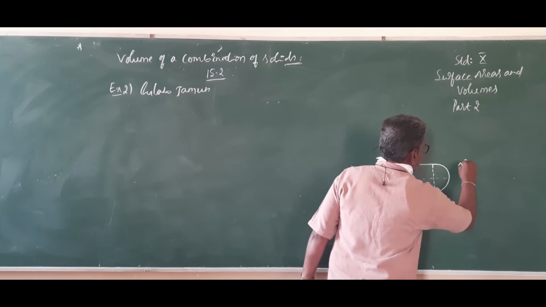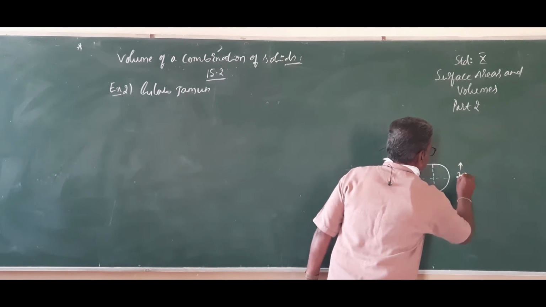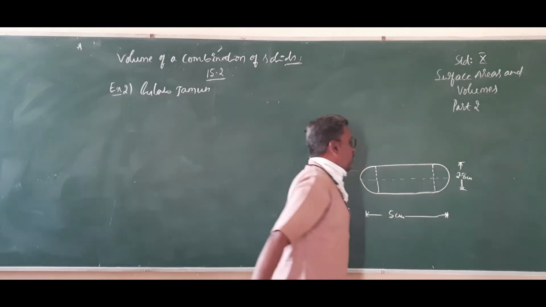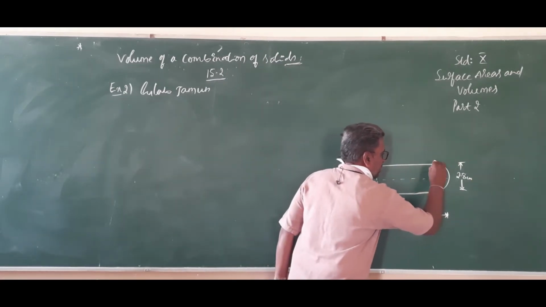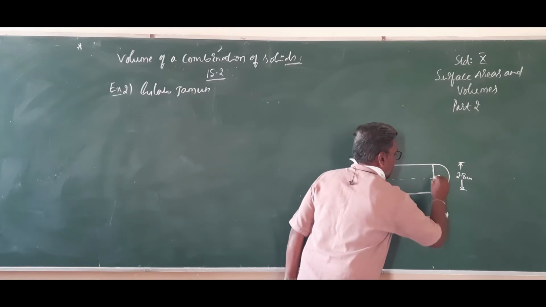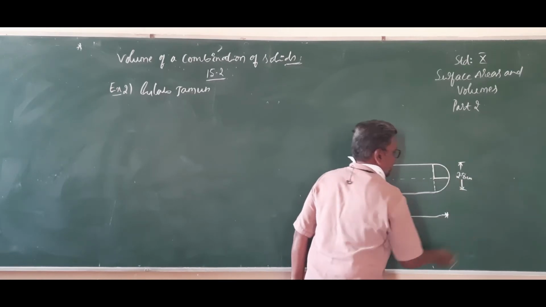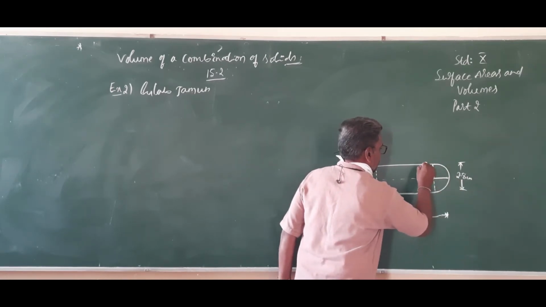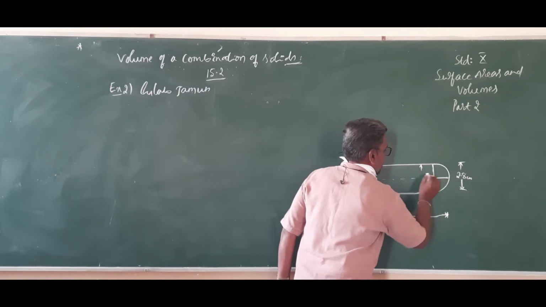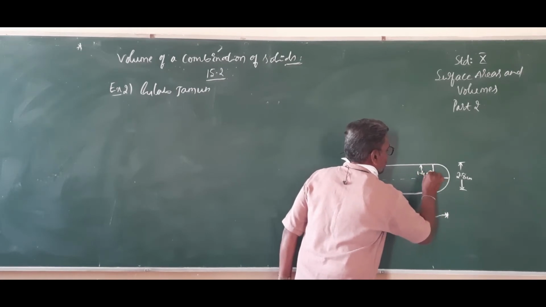Diameter is 2.8 centimeters. Then what about the radius? The radius is half of the diameter, so radius is equal to 1.4 centimeter.